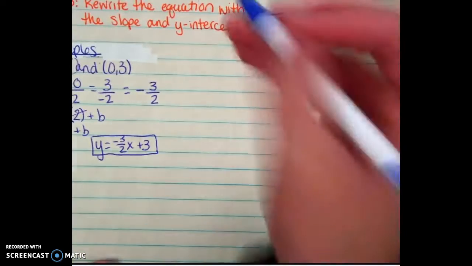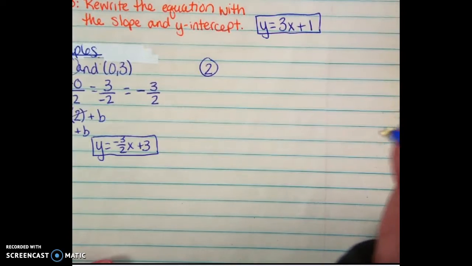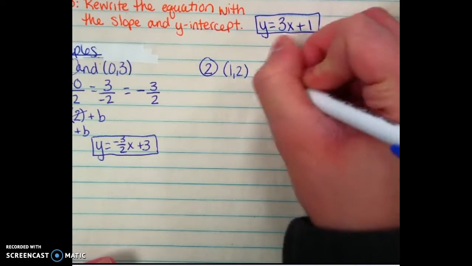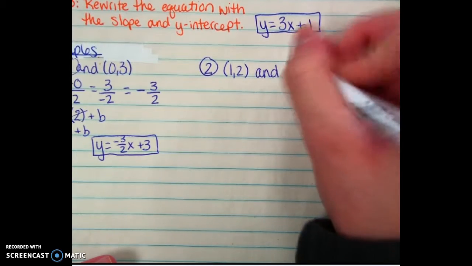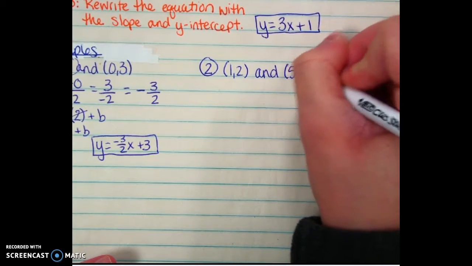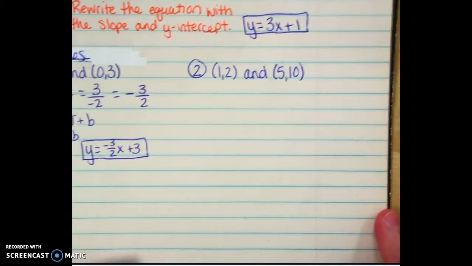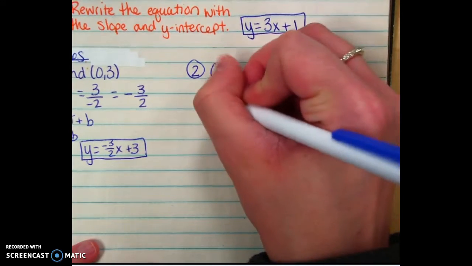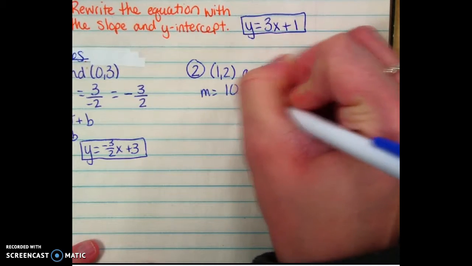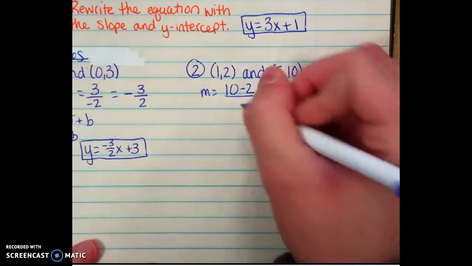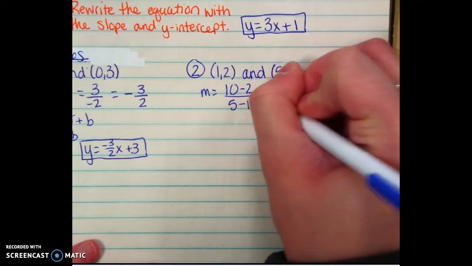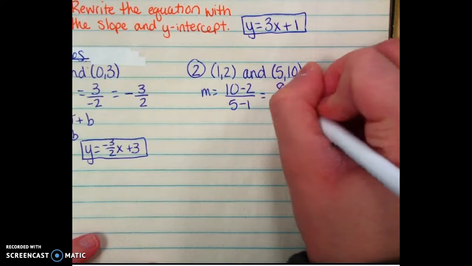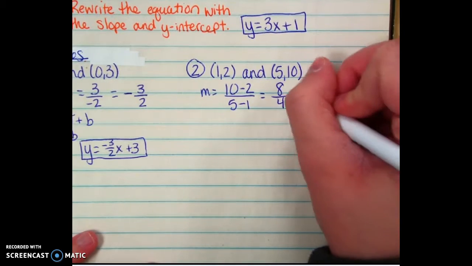Let's do another one. Let's do 1, 2, and 5, 10. So again, I start with my slope, so it'd be 10 minus 2 over 5 minus 1. 10 minus 2 is 8. 5 minus 1 is 4. 8 divided by 4 is 2.